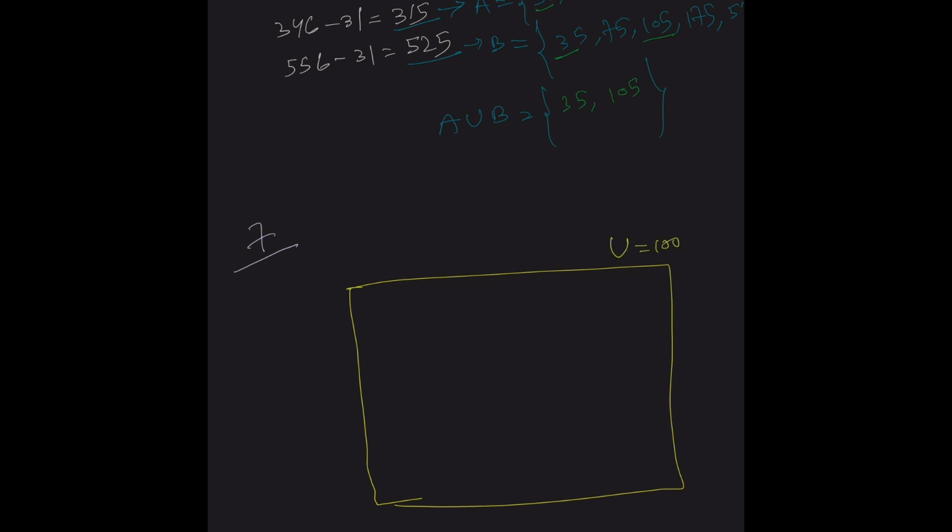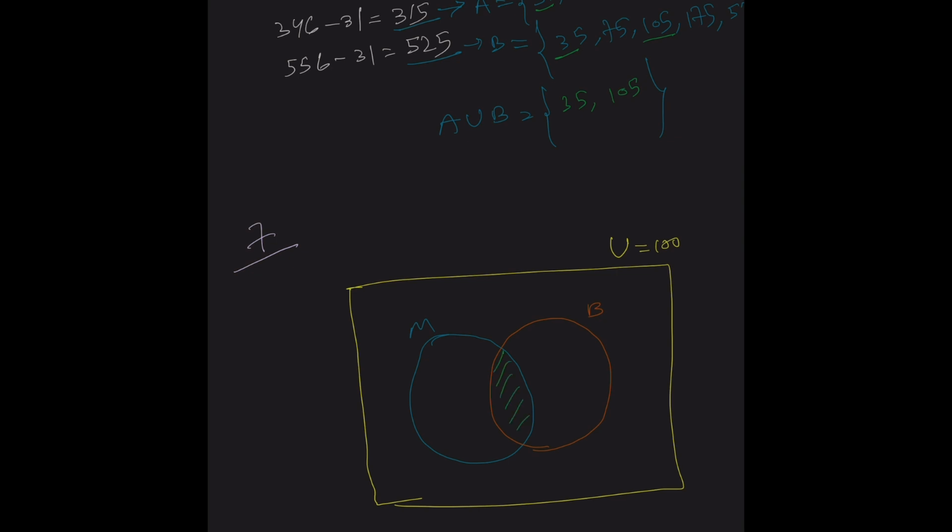Now, within this 100 students, we have students who pass in math. These are the students who passed in math. And these are the students who passed in Bangla, right? And these are the students who passed in both Bangla and math.